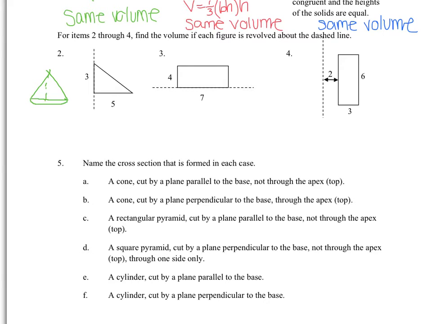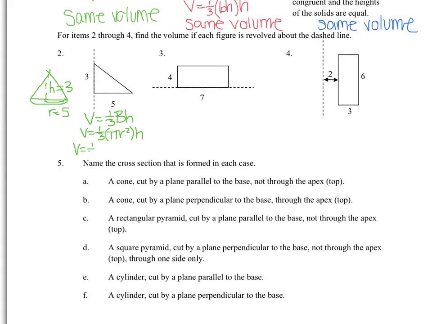That cone is going to have a height of 3 units, and it's going to have a radius of 5 units. So to find volume, it's going to be 1/3 the area of the base times the height. So this is going to be 1/3 area of the base is pi r squared times the height.